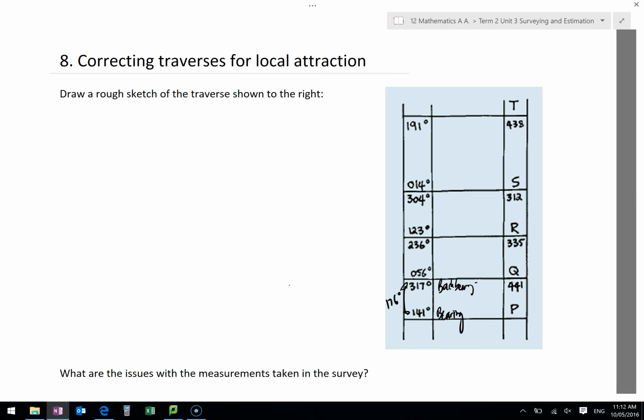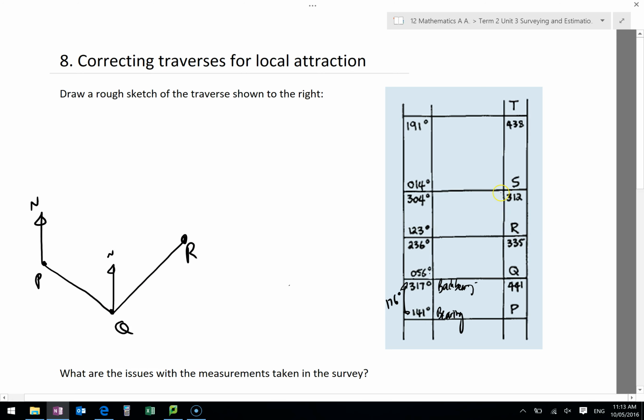We're going to try a quite specific way of seeing where this error is. So let's have a look if we can draw a rough sketch of what this looks like. I start at point P and I go 141 degrees to point Q, so down here somewhere. Then I go 56 degrees to point R, so maybe here.